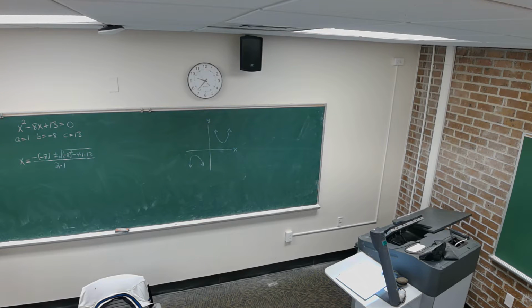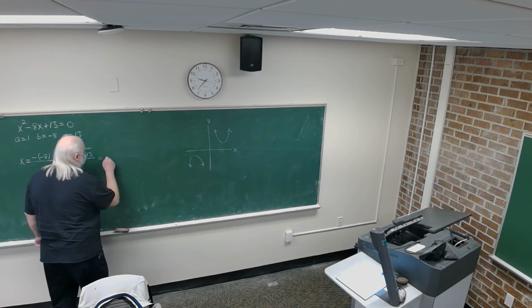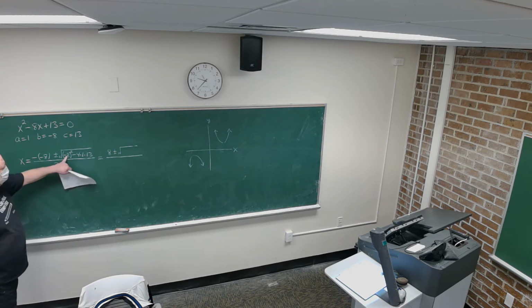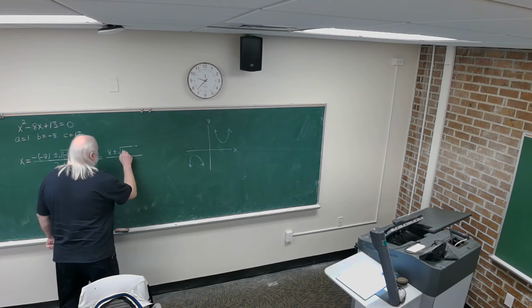Once you do all the substitution, it's arithmetic, right? PEMDAS. So you have to follow order of operations under the radical, and then follow order of operations in simplifying the numerator, and then simplify the quotient, the fraction. Okay. So negative of -8 is +8. Minus, under the radical, you have to do exponentiation first. -8 squared is 64.